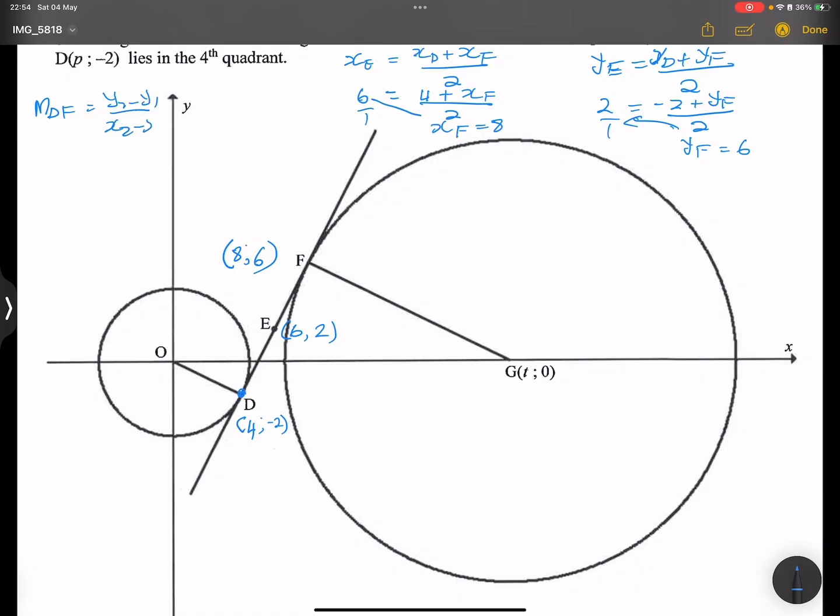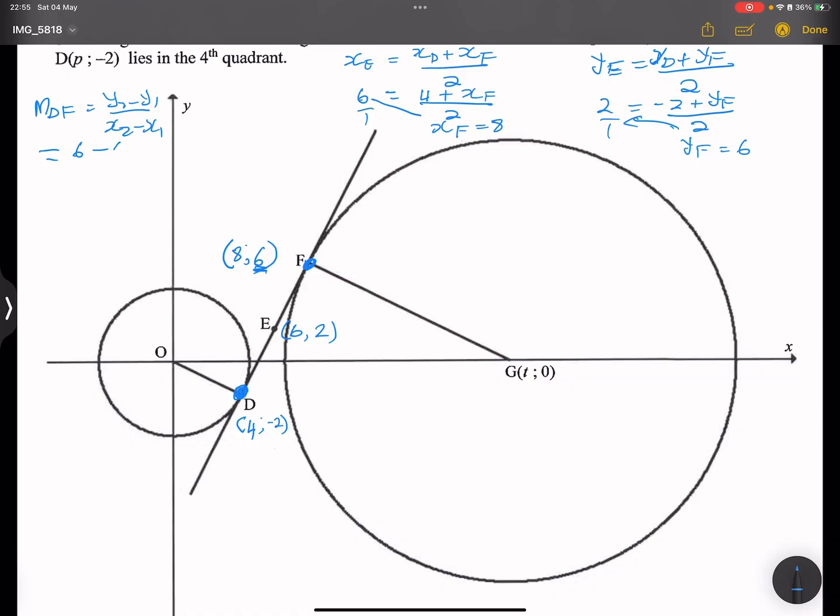Now, please, I want you to note, ladies and gents, that I am going to take the point at F and the point at D. Okay, so if we take those 2 points, my y2 is 6, minus y1, which is -2.